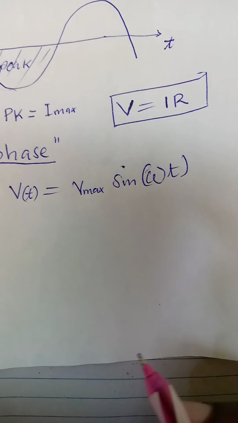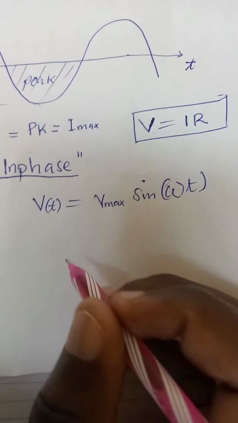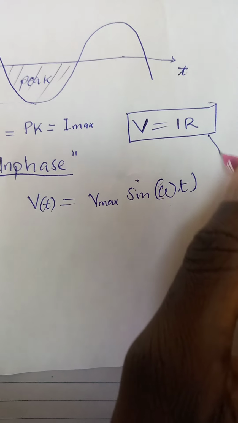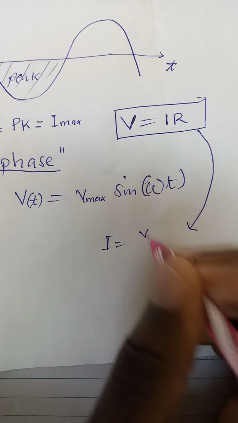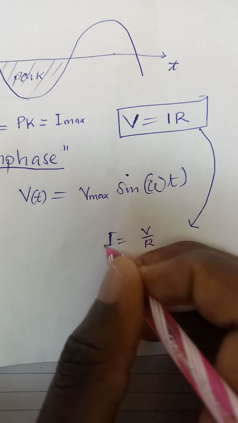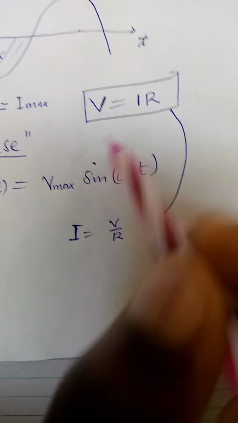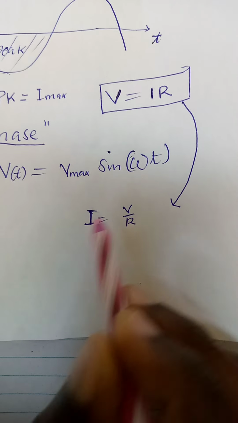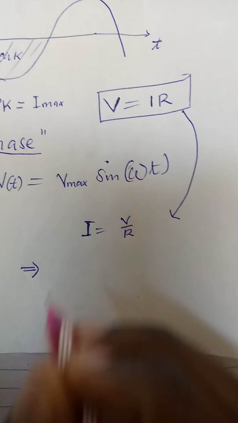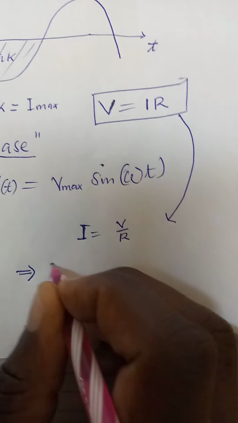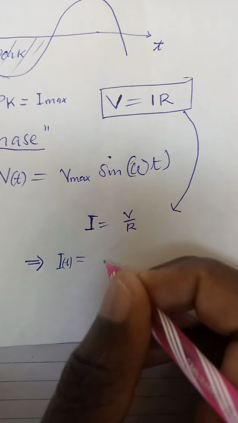When, let's say, we want to calculate I, we know from this one that we have something which will look like this. If I make I the subject of the formula, this implies the general formula for Imax, or I as a function of time, will be like this.